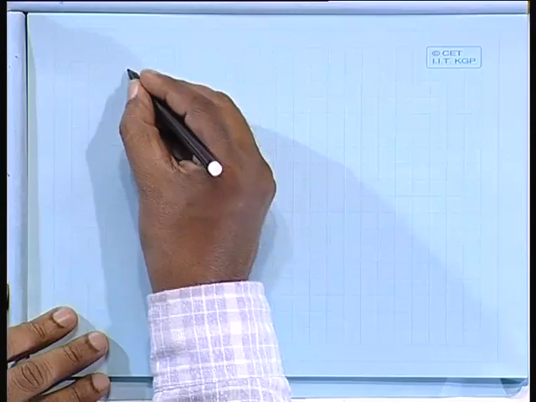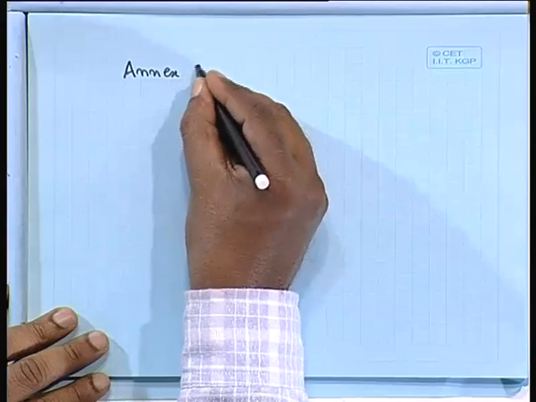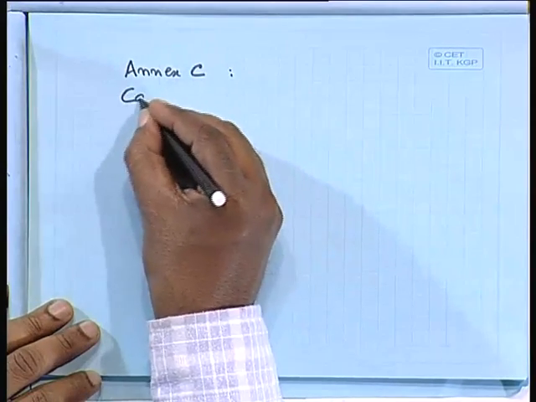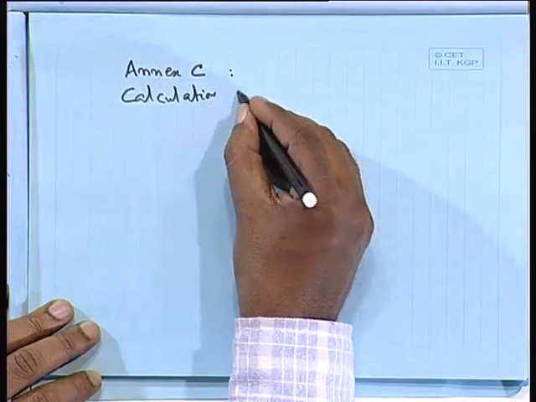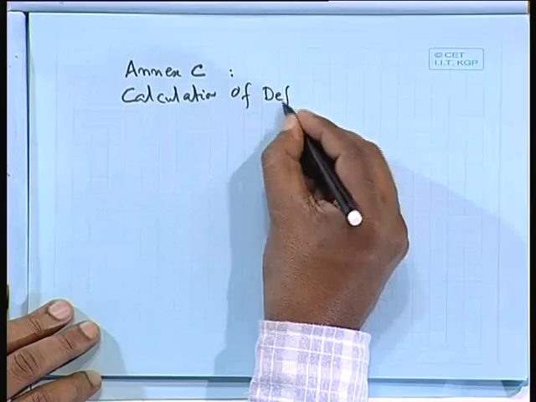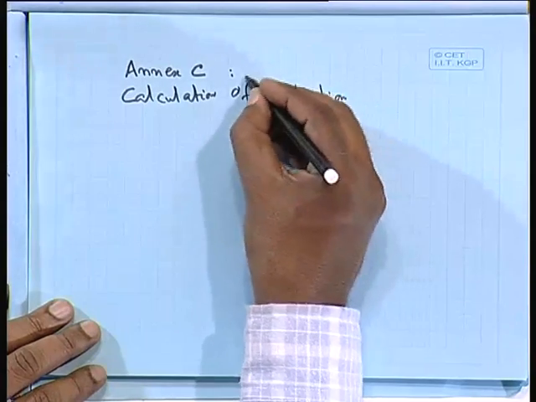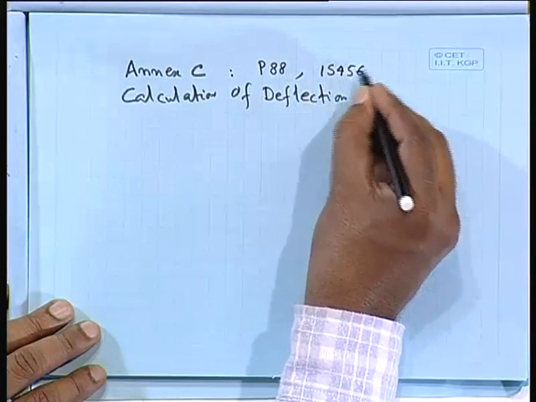Okay. So, before going to that, let me give you the reference, that is Annex C, that is calculation of deflection, and it is on page 88, IS 456 2000.